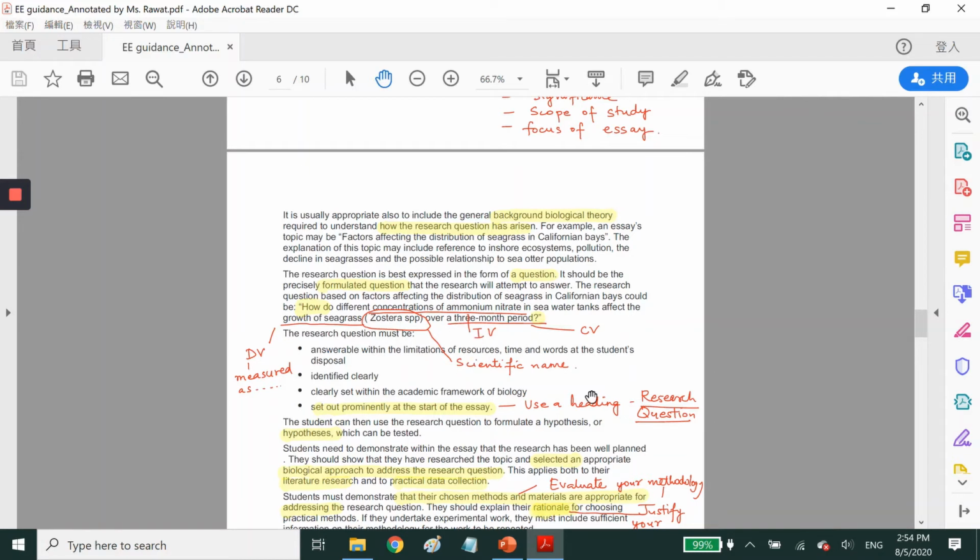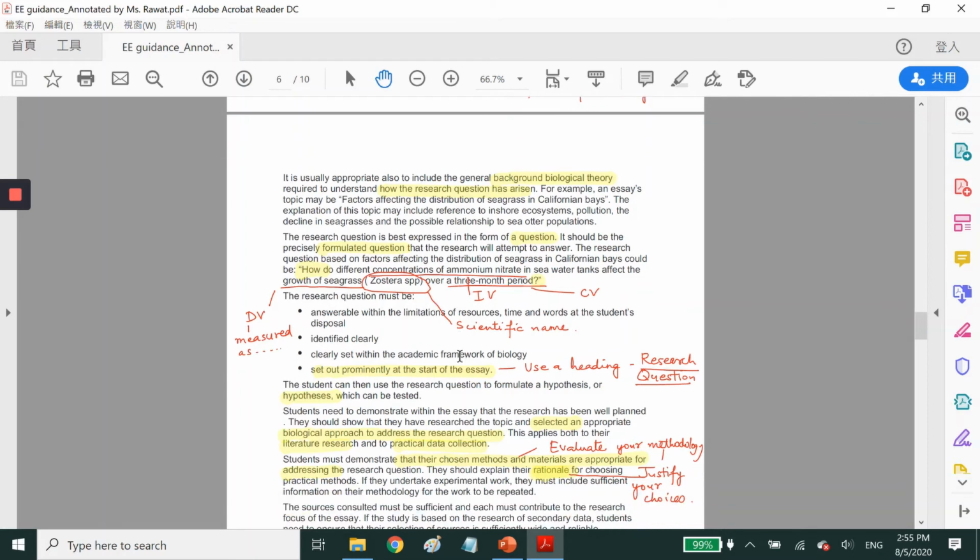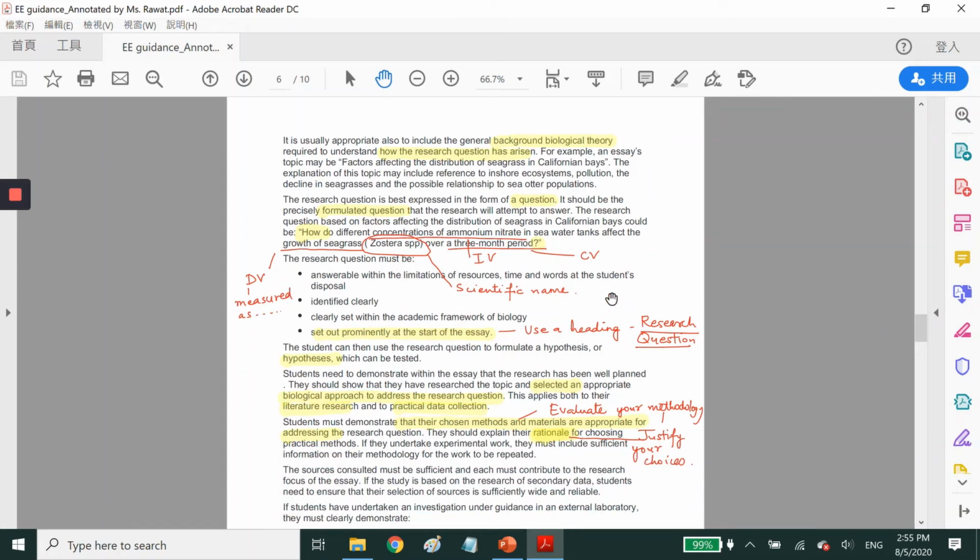And then a reminder for binomial name: the genus must be capital, the species is small letters, and it should be italicized. One of the feedbacks from the examiner is that students didn't use the proper format of the binomial name. And then CV, so within time frame. So these are the things that they're looking for.